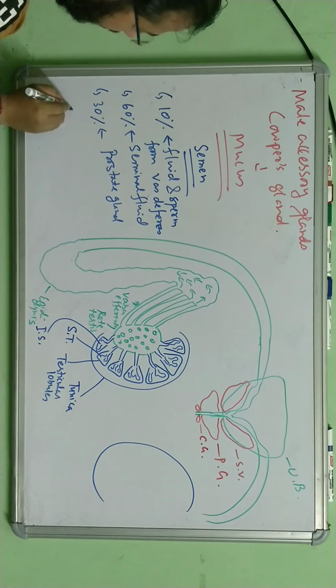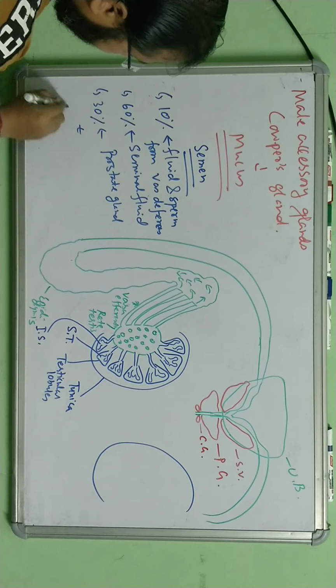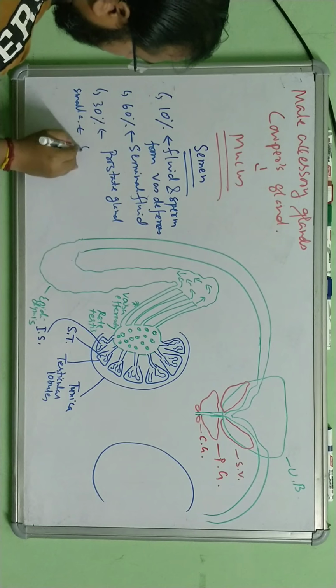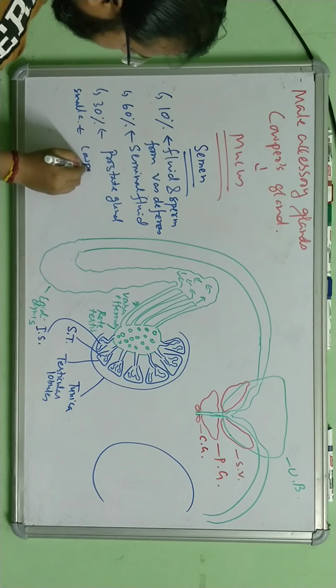And a very small amount comes from the Cowper's gland. Only the mucus comes from the Cowper's gland.